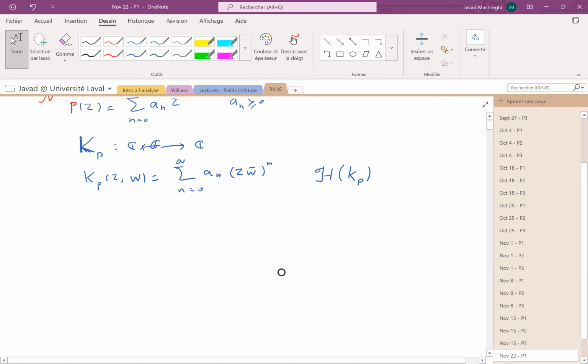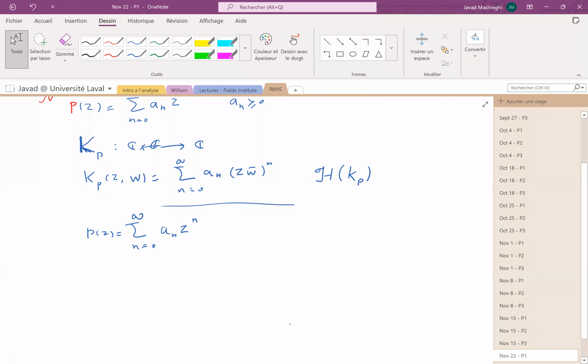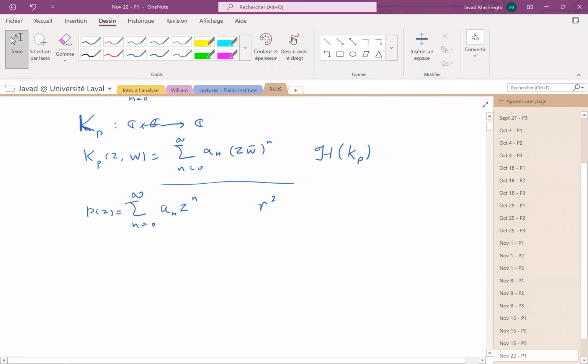The next step was to consider power series. So instead of a polynomial, P(z) is the sum from n equals 0 to infinity of a_n z^n, or a_n x^n, it doesn't matter what the variable is. And we assume that the radius of convergence here is R squared.